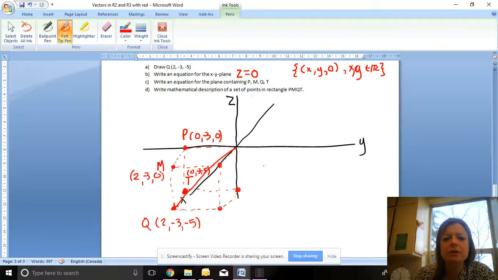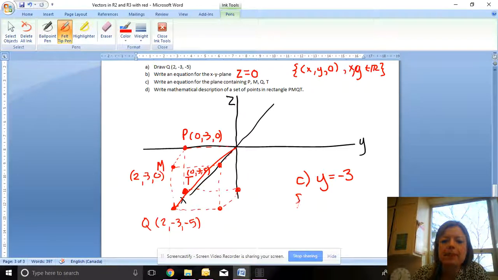So the equation for that plane is actually just y equals -3, because that is the only thing that is constant. Everything else is changing and variable. So another way you could describe that plane is the set of all values (a, -3, c), where a and c are in the set of all real numbers. Okay, but this is the equation for it.